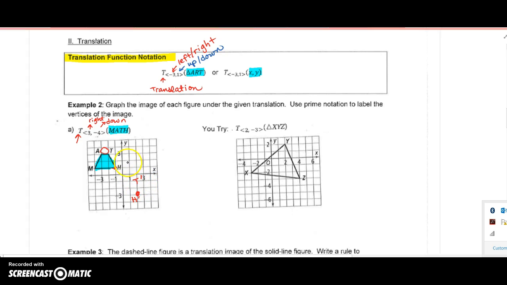So if I just go over 1, the corresponding point for A prime will be there as well. And then from H to M, it looks like there was a space of 3 blocks. So if I go over 3 blocks, 1, 2, 3, my matching M prime will be right there. So you really could just do 1 point and then do all the others based off of that.